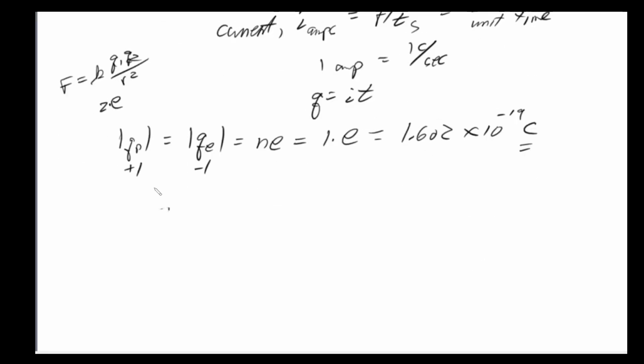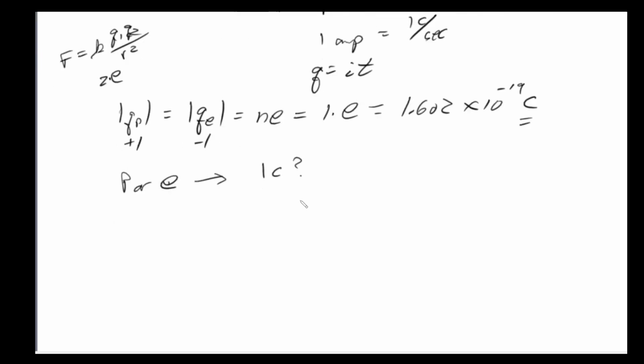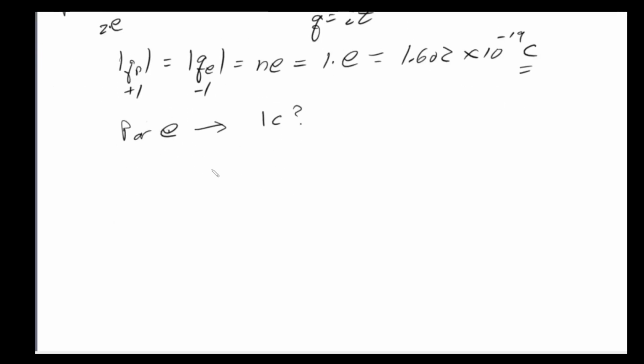On the other hand, how many protons or electrons would it take to get a charge of 1 Coulomb? Well, in this case, we know the charge of 1 Coulomb is equal to n number of protons or electrons times E, which is equal to n times 1.602 times 10 to the minus 19th coulombs.